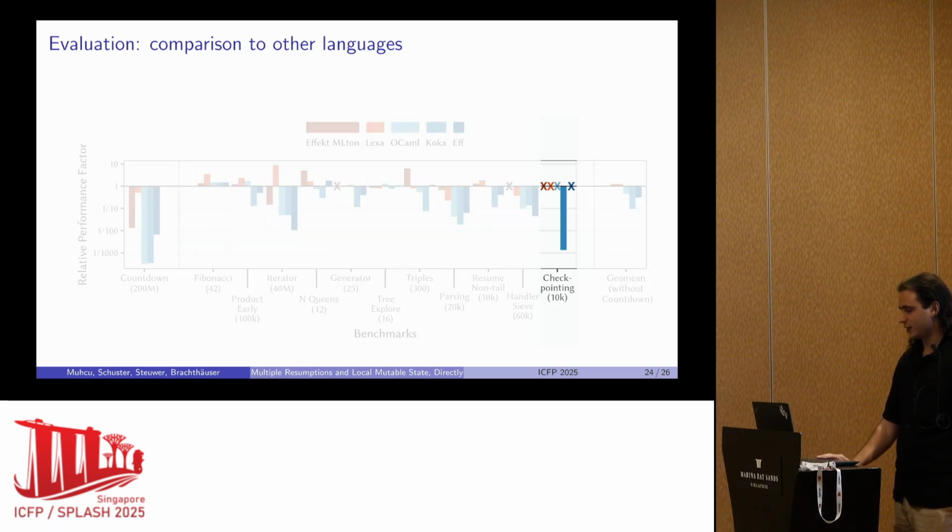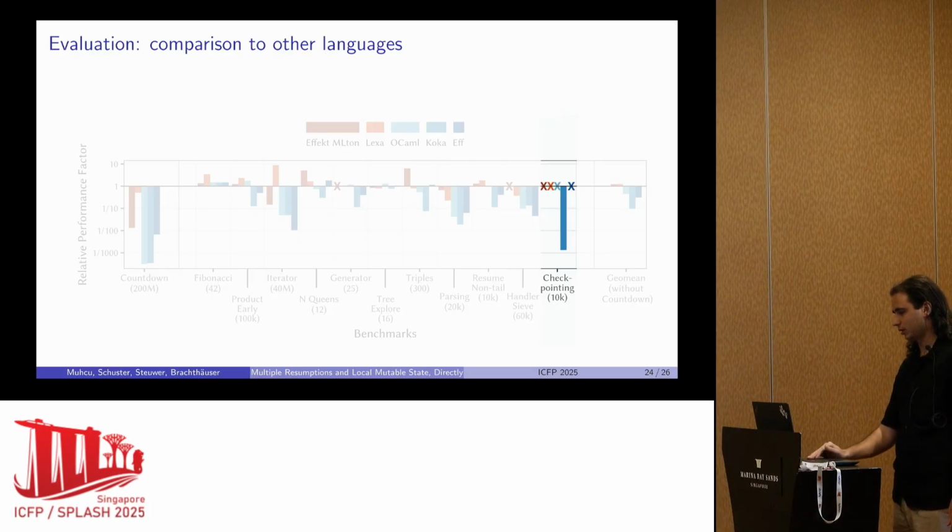We have one special benchmark here, checkpointing, which we added separately to the set of benchmarks. This benchmark is specifically designed to rely on both multiple resumptions and local mutable state. And this is not supported by both Lexa and OCaml. So that's why we're having a bunch of X's here.